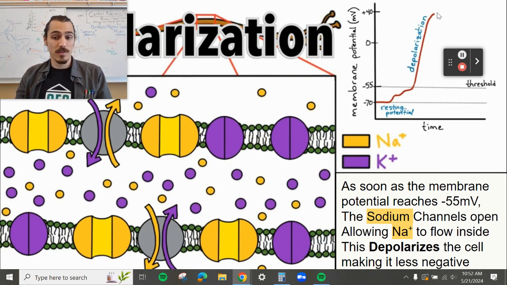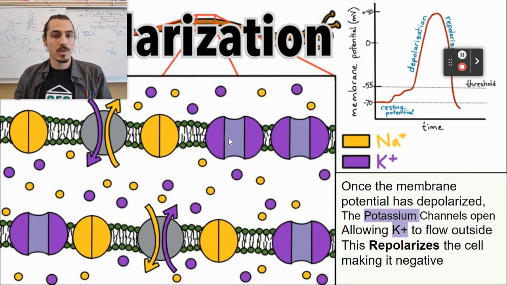Now, at positive 40, those voltage-gated sodium channels close, and these voltage-gated potassium channels open. So now that these voltage-gated potassium channels open, those potassium ions that were in high concentration inside the cell flood out of the cell. And remember, potassium is also positive.